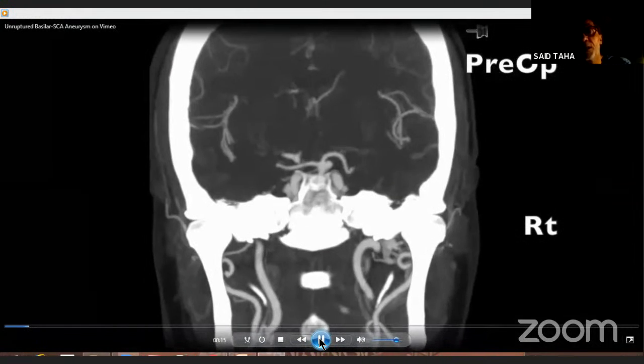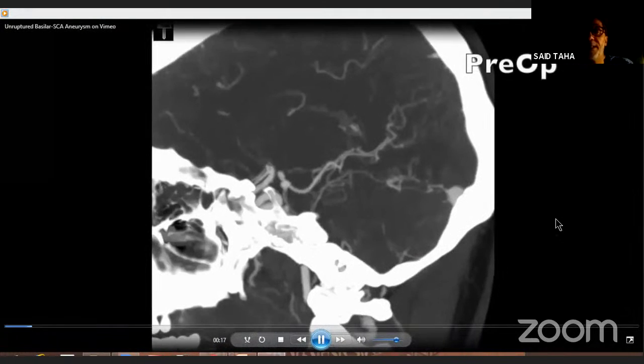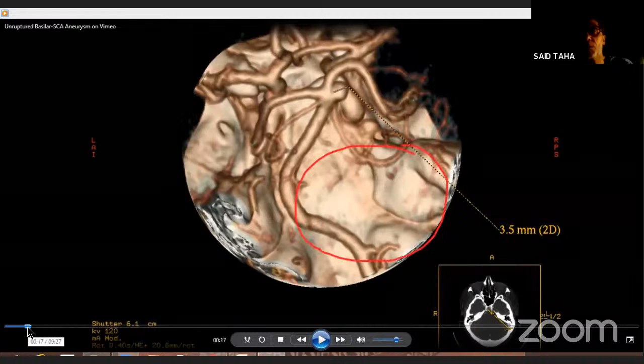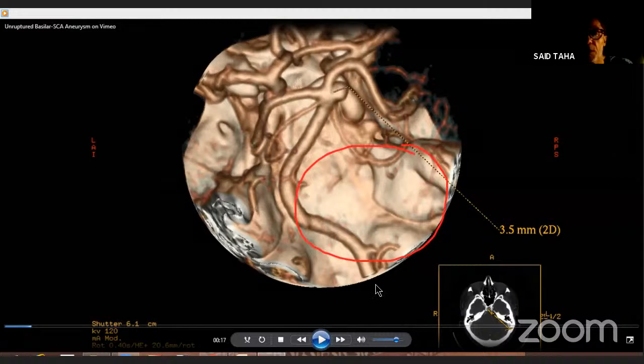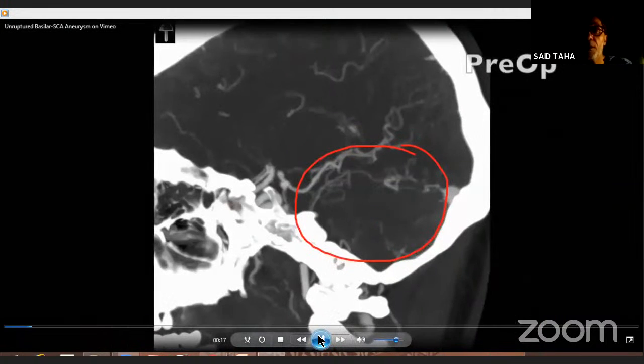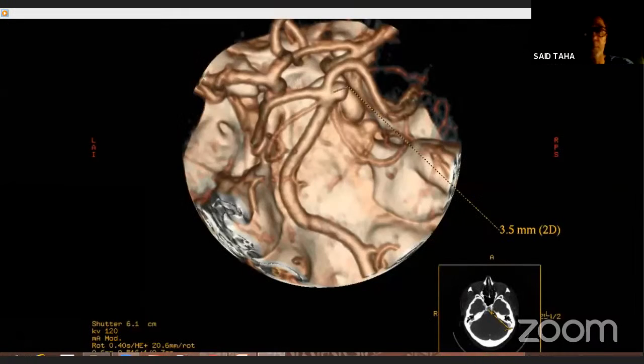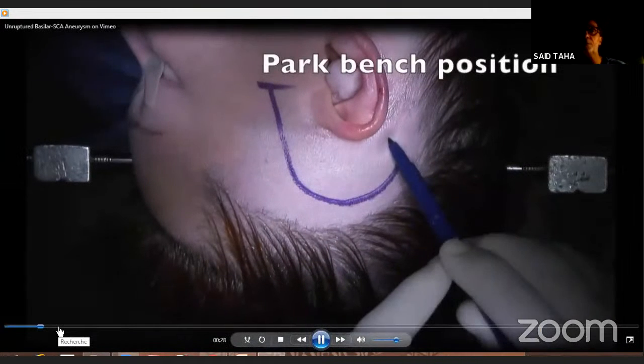And as we see, there's the level of the dorsum sellae.